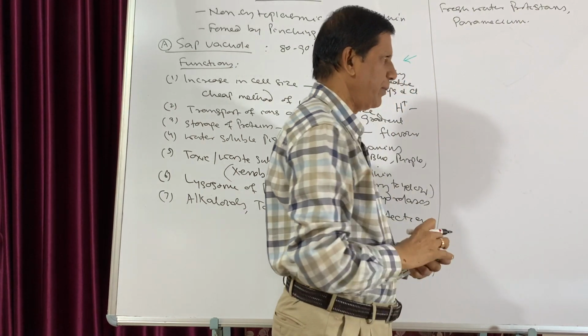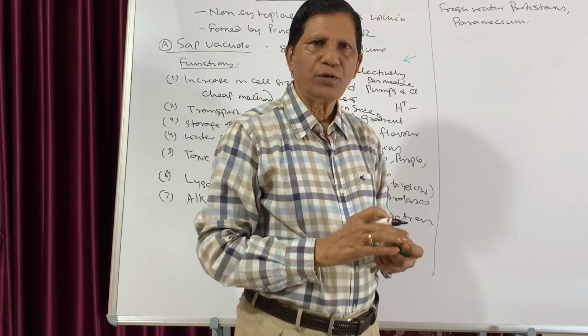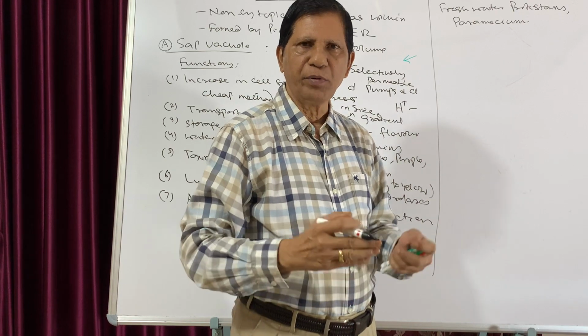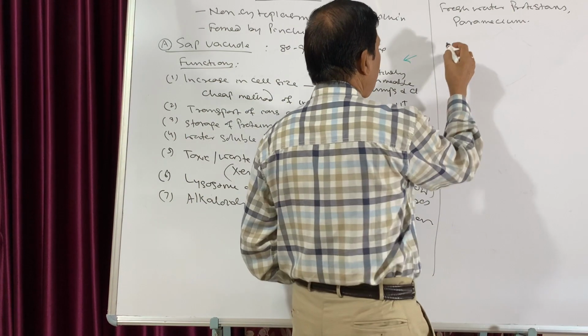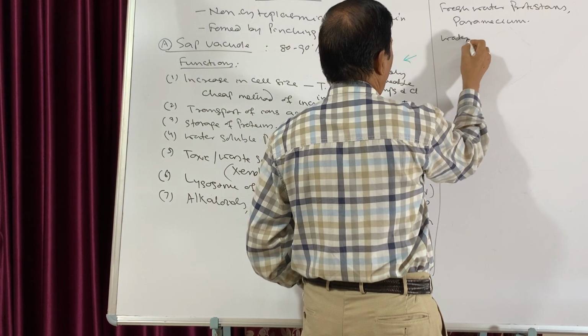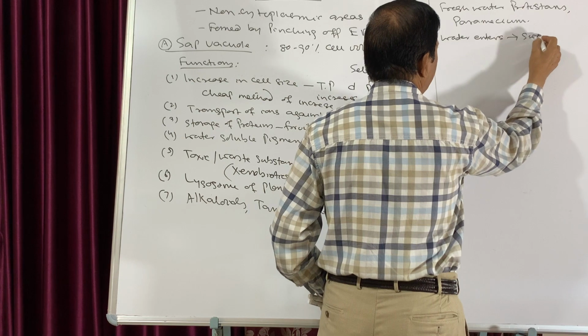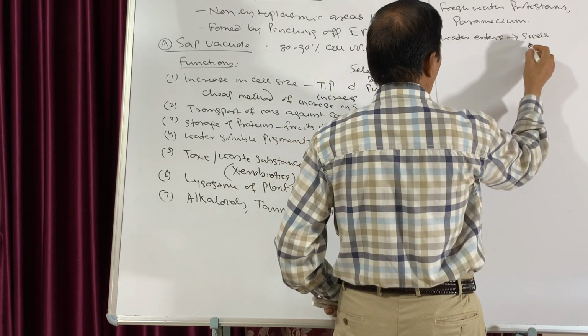Now usually what happens? These contractile vacuoles, since their membranes are completely permeable, water enters into them. So when water enters, they swell in size. And this is known as diastole.